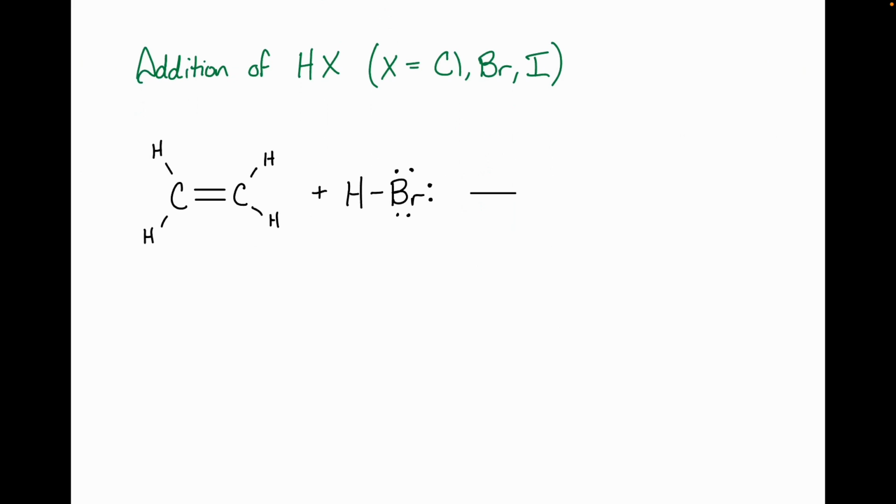All right, so when HBr reacts with an alkene, we have an addition reaction, so our double bond is now a single bond. Still have those two hydrogens on each carbon, but now to one side we have added that new hydrogen, and on the other side that bromine atom.